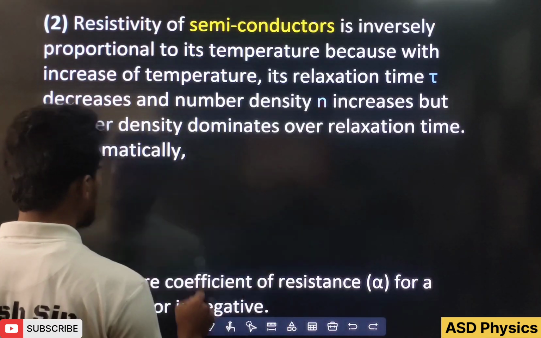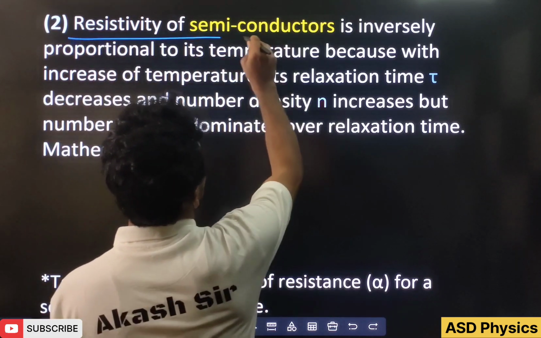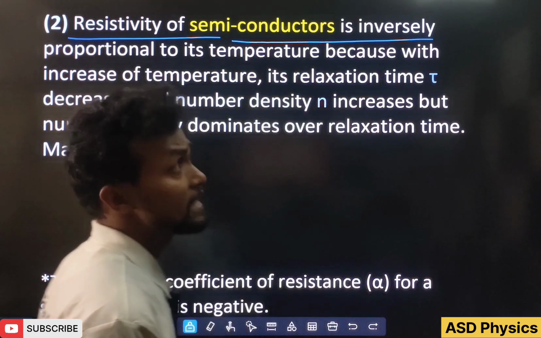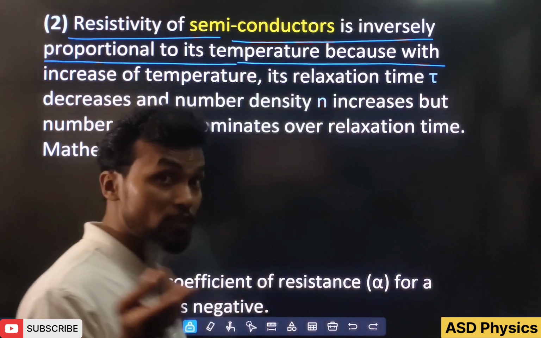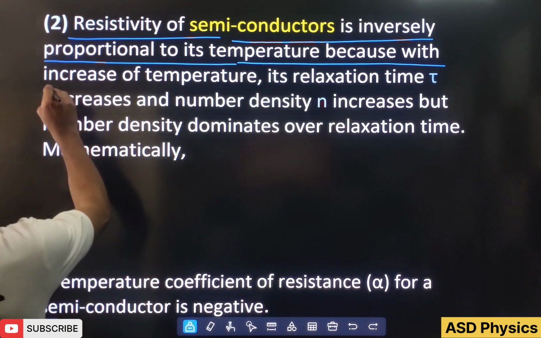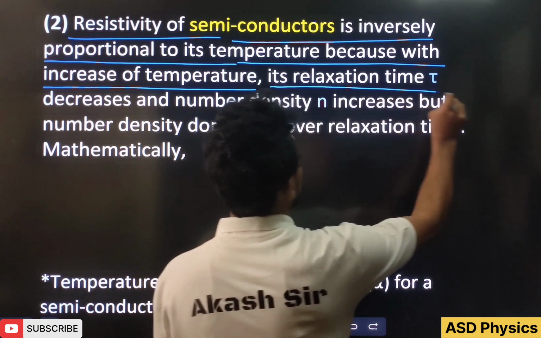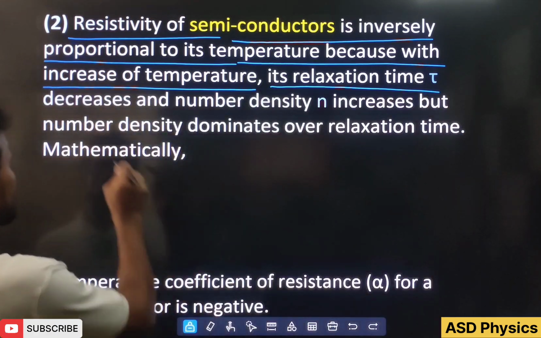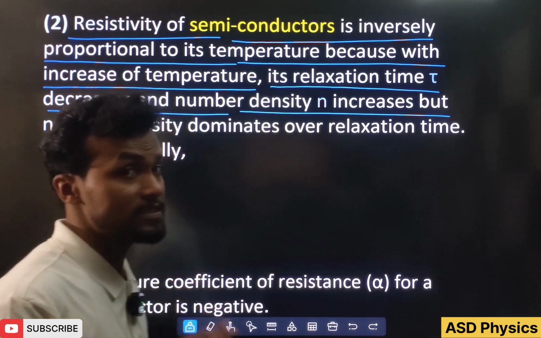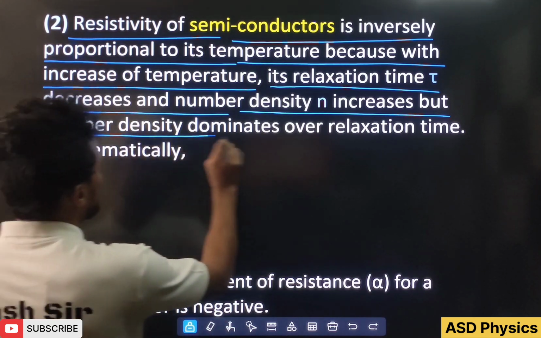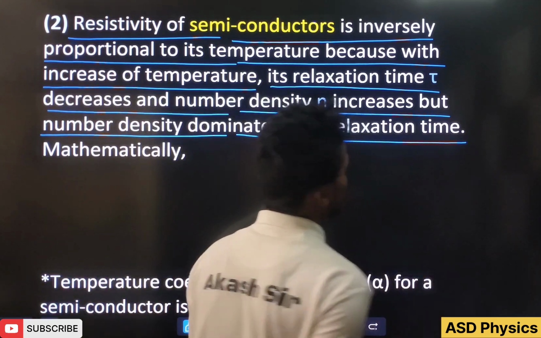Next one, the second one we are going to see, students. The resistivity of a semiconductor is inversely proportional to its temperature, because with increase of temperature, its relaxation time tau decreases and number density n increases. But number density dominates over relaxation time.